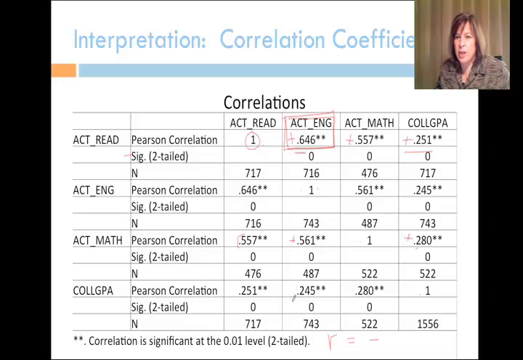The weakest relationship we see on this chart is probably this one, the 0.245, college GPA with ACT English. So that's how you can interpret the Pearson's correlation on an SPSS printout.